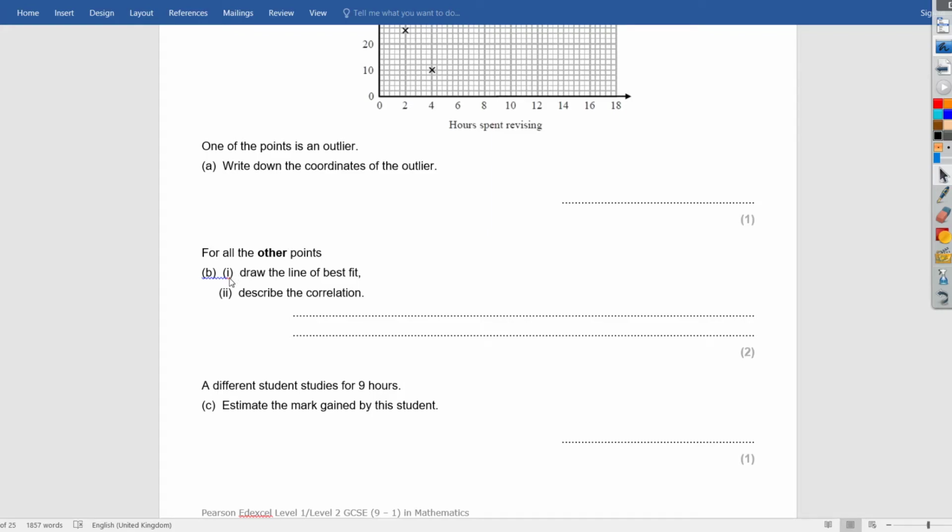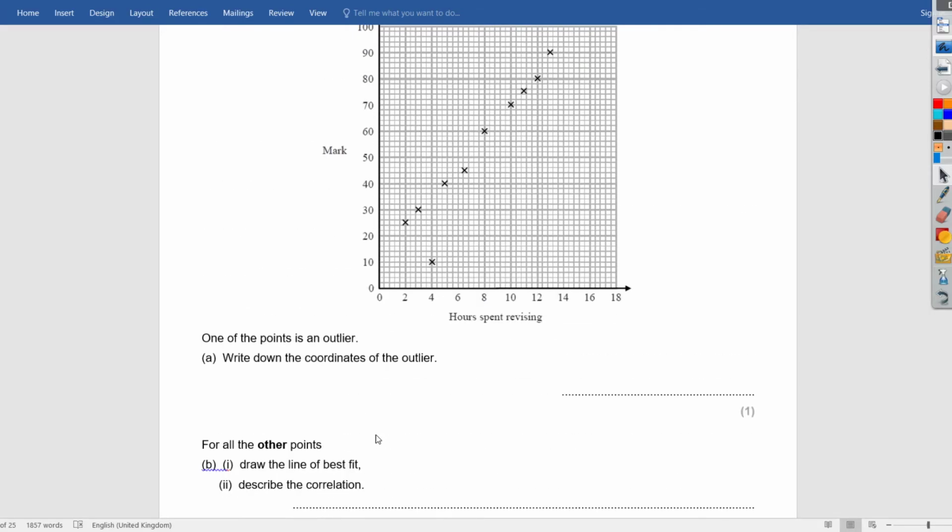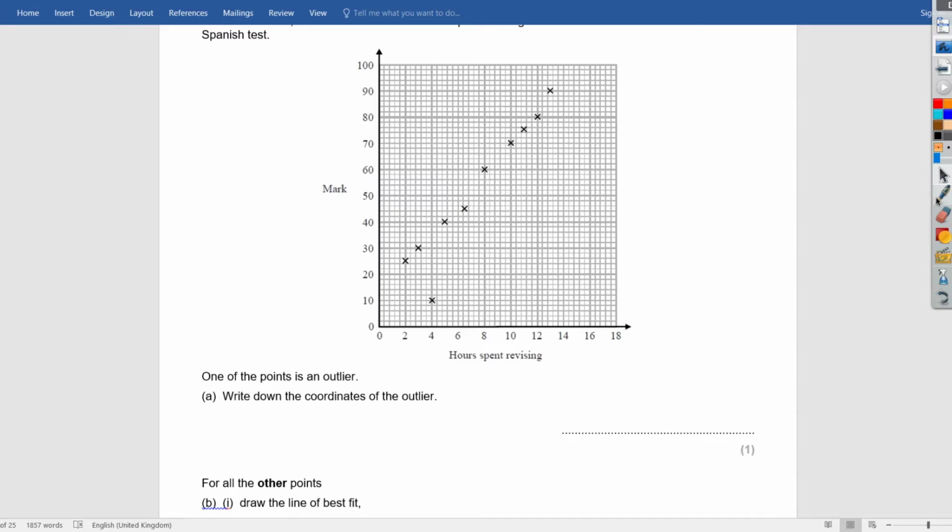For all the other points, draw the line of best fit. Describe the correlation. Well, we said it's a positive correlation, and we'll draw a line of best fit in a second. And from the line of best fit, the student studies 9 hours. Estimate the mark gained by the student. So let's just do that again. If we draw the line of best fit, use the ruler for this.